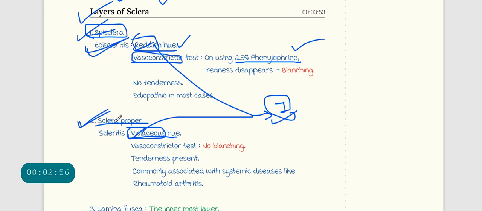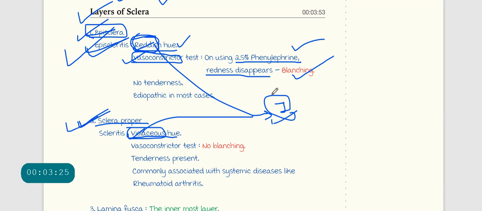If the blood vessels are vasoconstricted, then the reddish appearance would be eliminated, and this is known as blanching. You will see blanching over here. Now how do we identify which layer was suffering from the inflammation?